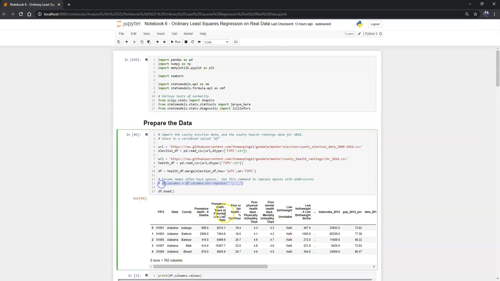I've got a line here. You'll notice that, as is common with this data set, there are spaces in the column names. This makes for very easy to read column names. It does sometimes complicate the construction of statistical models, just because, well, pandas has syntax that facilitates spaces in column names.